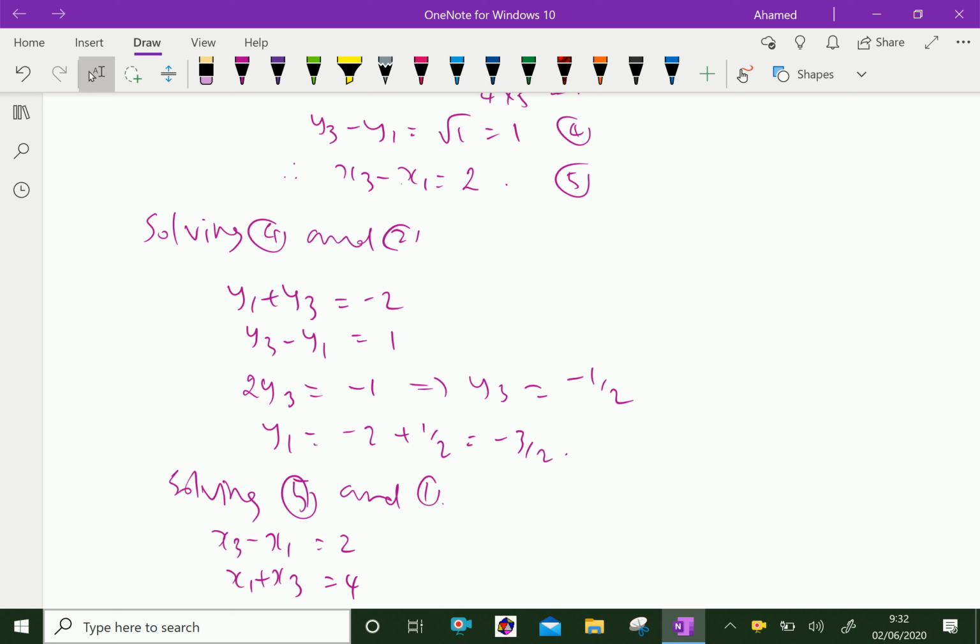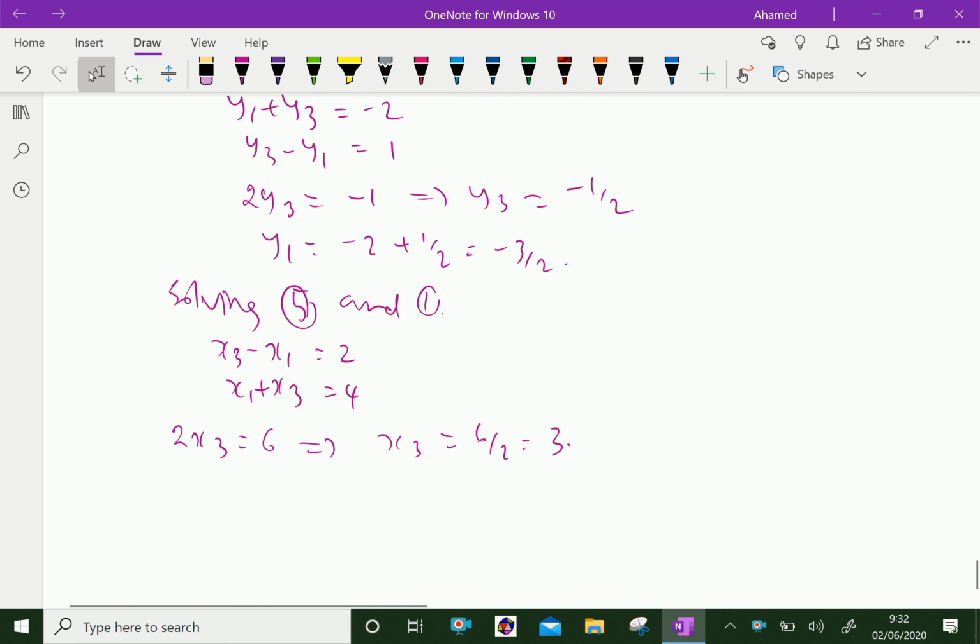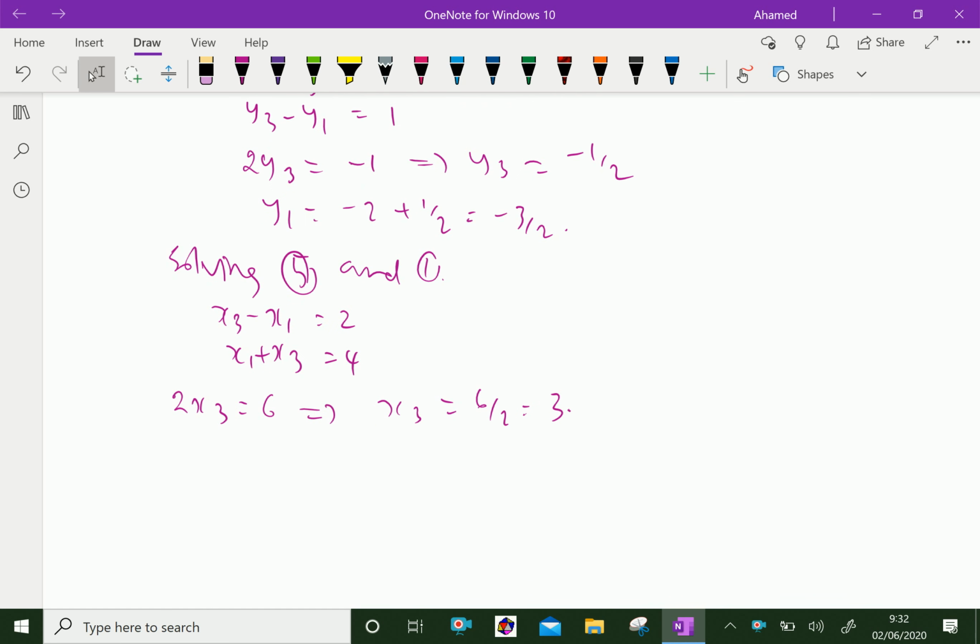Here x3 is 3, and using that, x1 is 4 minus 3, which is equal to 1.